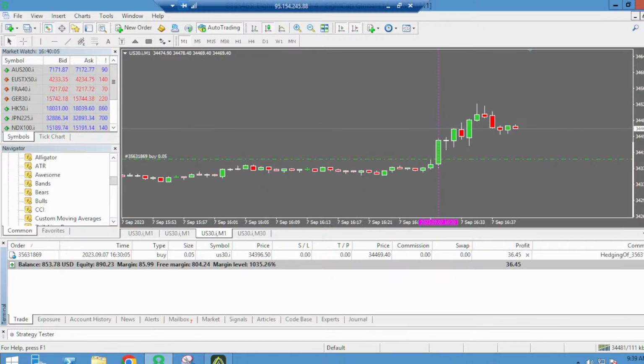Let it have its winning days. Let it have its days when it gives back some of the profits. Let it have its losing days. And overall, within 3 to 4 months, we should be able to double the account automatically without us having to intervene at all.